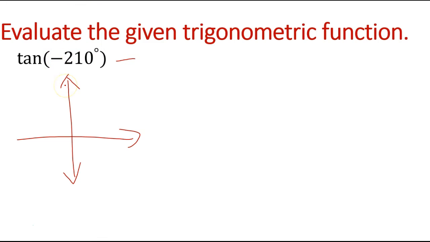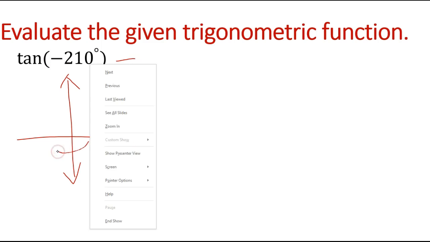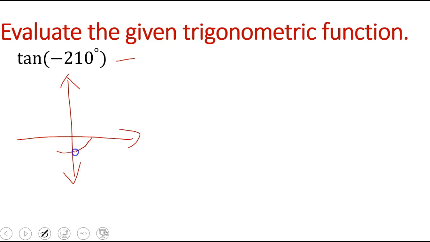Just ignore the sign here. It just shows us the direction. So we are going to make 180 degrees clockwise. So we take away that 180 degrees. And what do we have? 210 minus 180. We have 30 left.